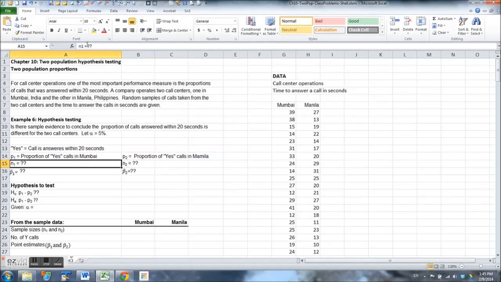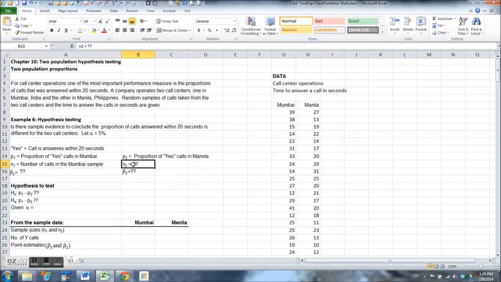So N sub 1 is the sample size or number of calls in the Mumbai sample. And N sub 2 is the same for Manila.